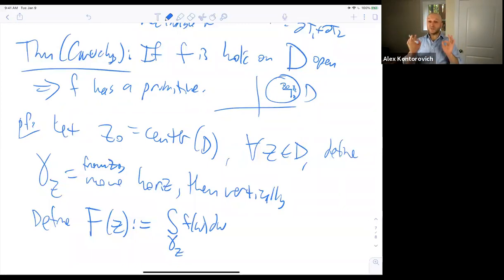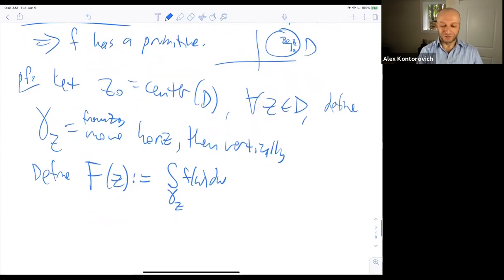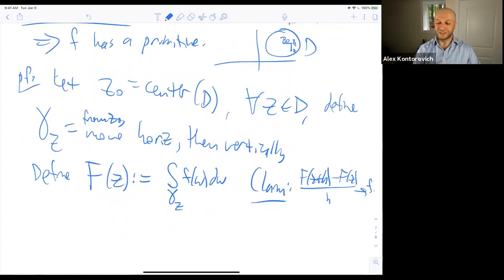Okay, it's a well-defined function because it doesn't matter how you parameterize that you're moving along this rectangular-looking thing. All right. So the claim, of course, is that F of z plus h minus F of z over h goes to little f at z for all z in the disk.